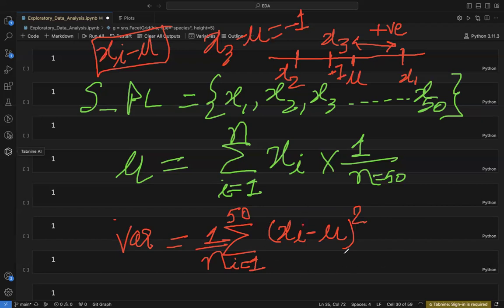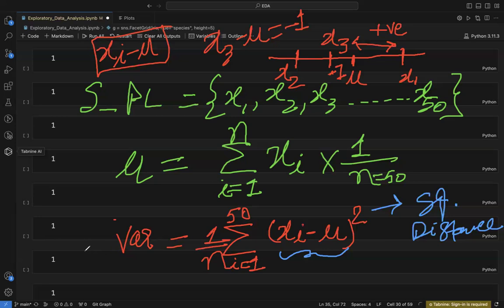Intuitively, let's see what it is doing. It's saying what is the distance of each of my points from the mean, and of course, this is the square distance. Now what I can do quickly is take the square root of variance.